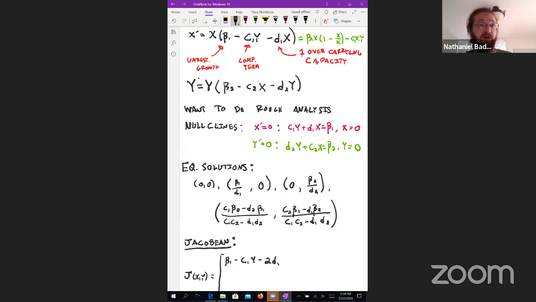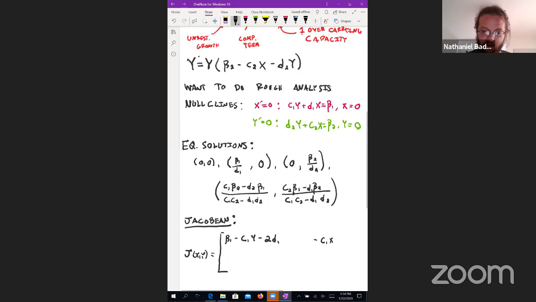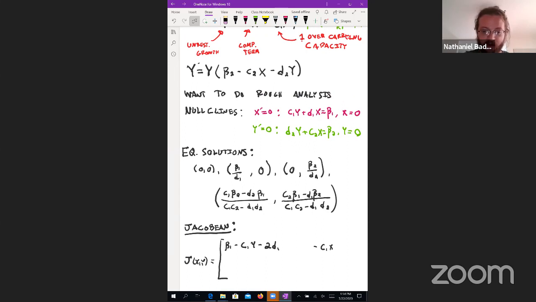The derivative with respect to y is going to be minus C1x. Then the derivative with respect to x of this guy is going to be minus C2y, and the derivative with respect to y is going to be beta 2 minus C2x, oh sorry, there should definitely be a y there, minus 2D2y.